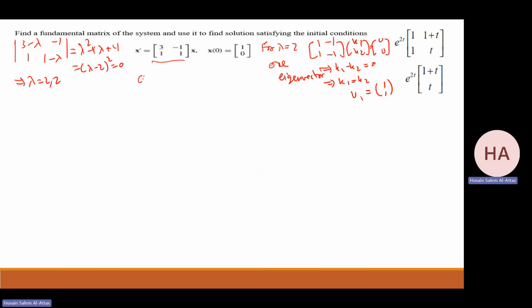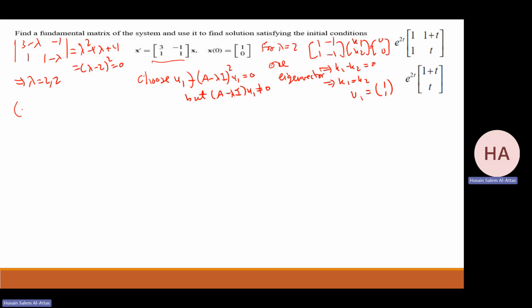I need to choose U1 such that A minus lambda I square U1 equals 0, but A minus lambda I U1 not equal to 0. What is A minus lambda I square?